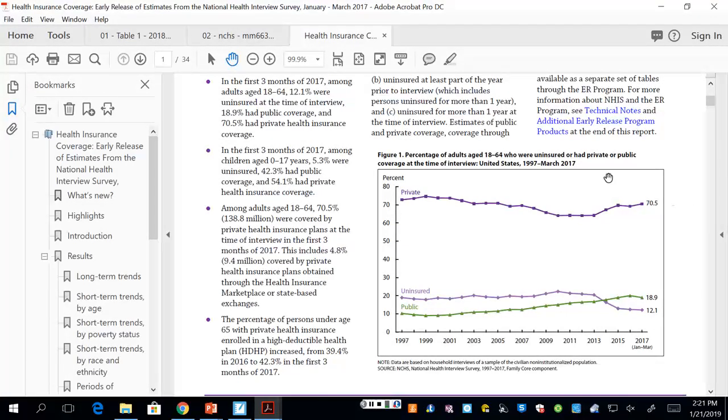Right, so private, and then this lighter one is uninsured, and then public. So what do you think is going on in this graph?